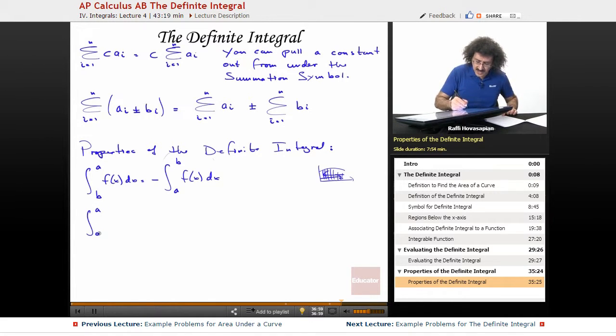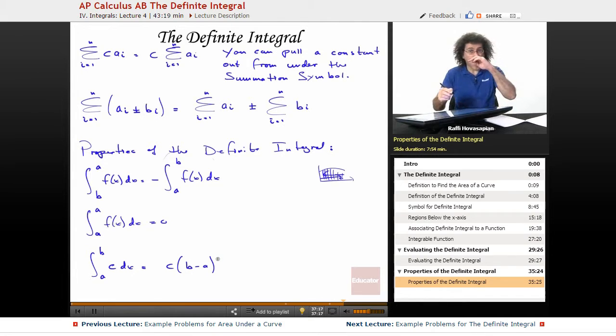The integral from a to a of f of x dx is equal to 0. The integral from a to b of c dx, c is any constant, well, that's just equal to c times b minus a.